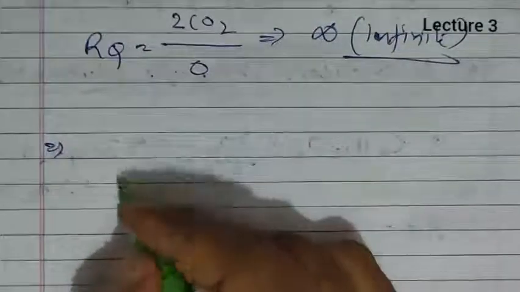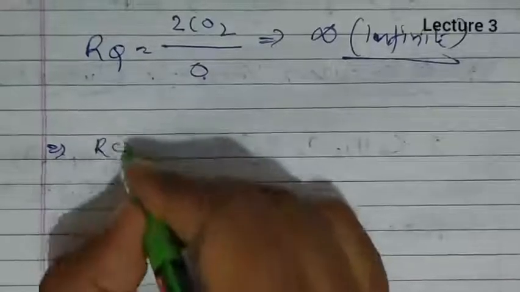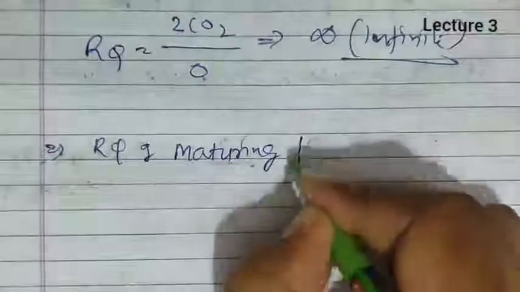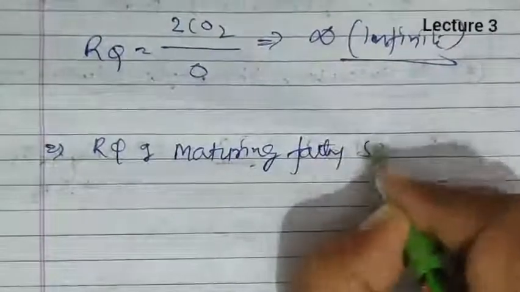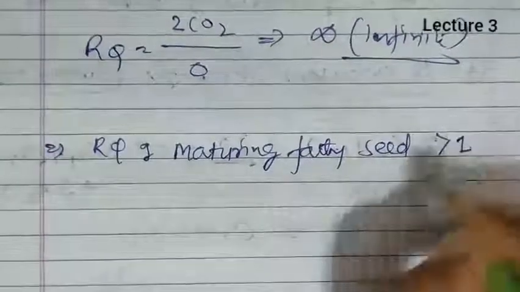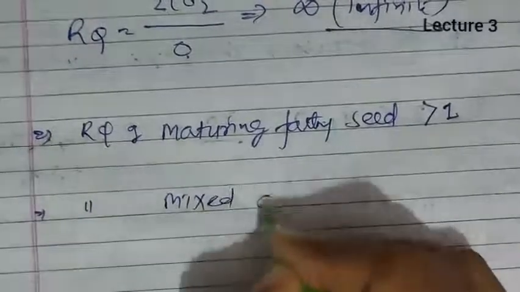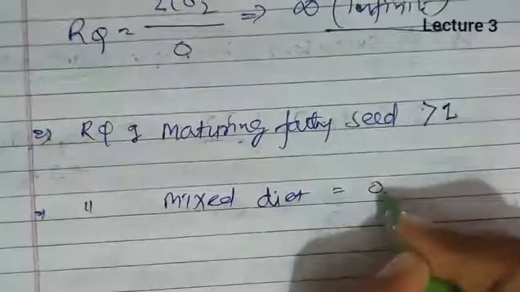Then we talk about the RQ of maturing fatty seed. The RQ of maturing fatty seed is greater than 1. Then the RQ of a mixed diet is 0.85.